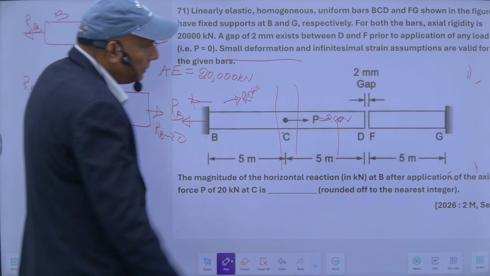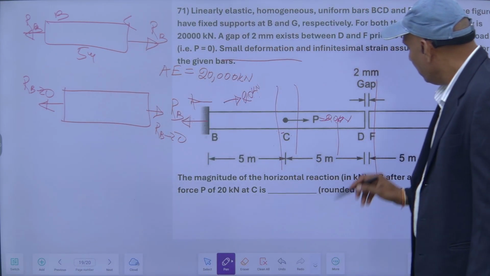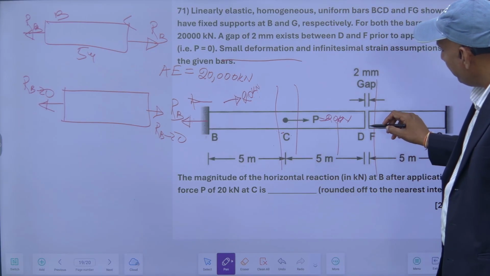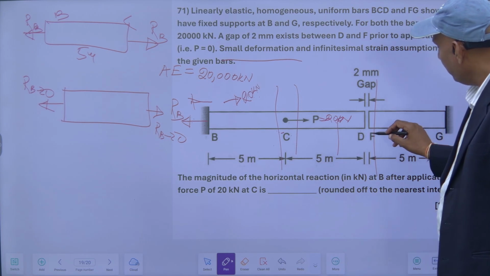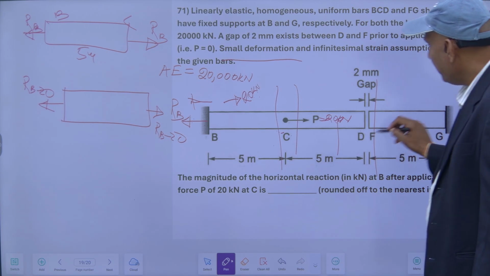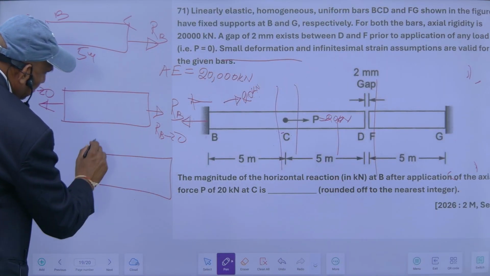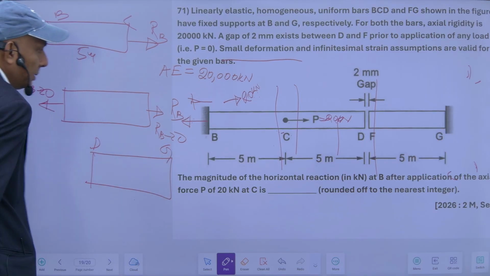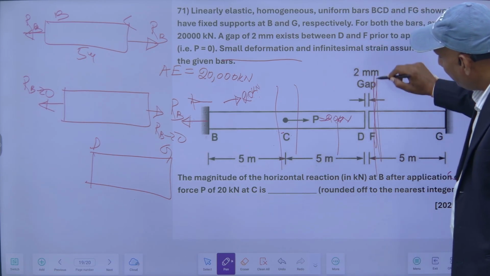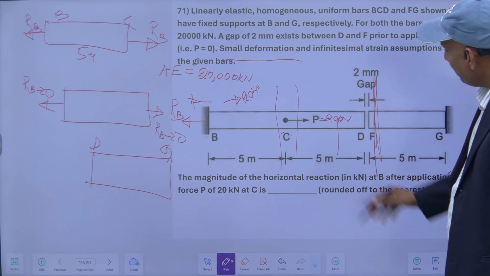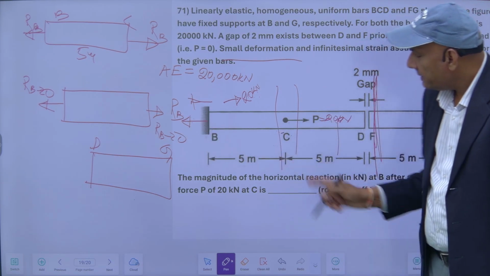Now for this portion, you forget about this 2 mm. So either you can say CD or FG, whatever you can say. So this is DG you can say. So what will be the net force here? Since no force is acting, my force will be same.